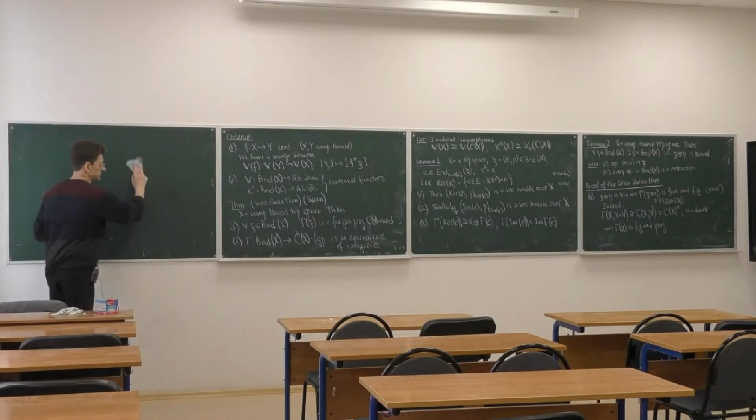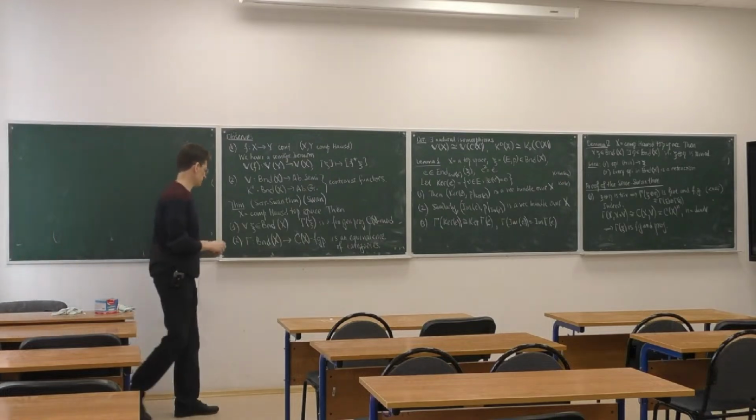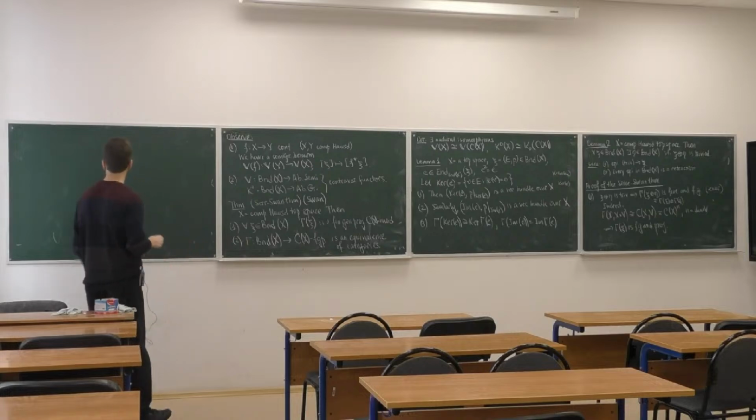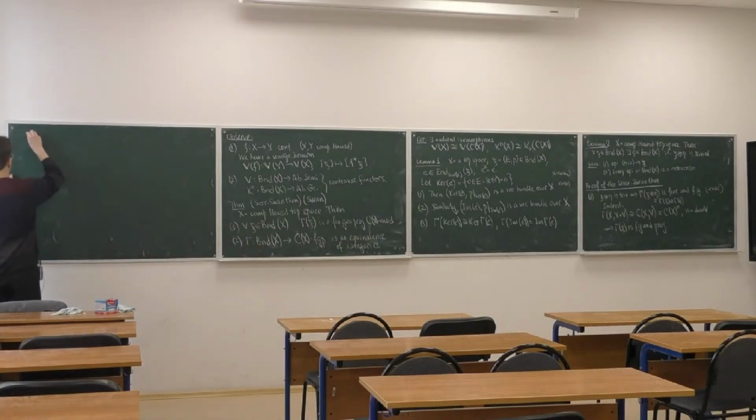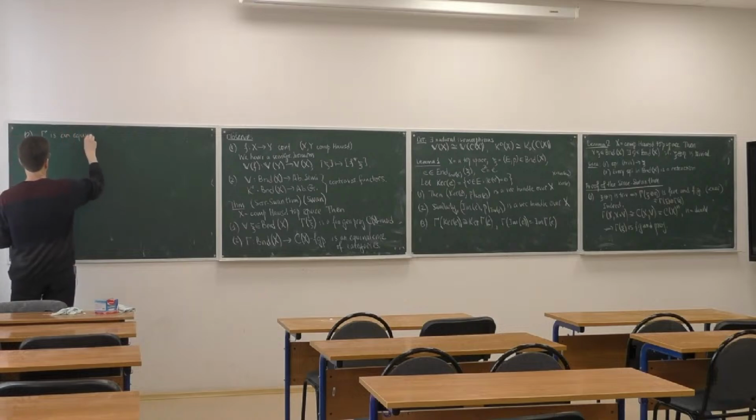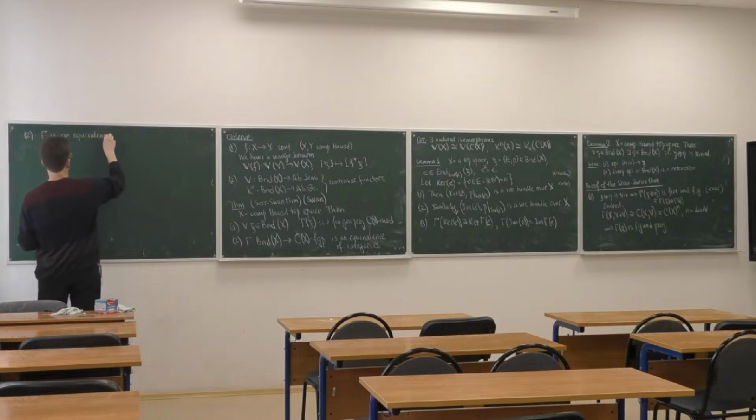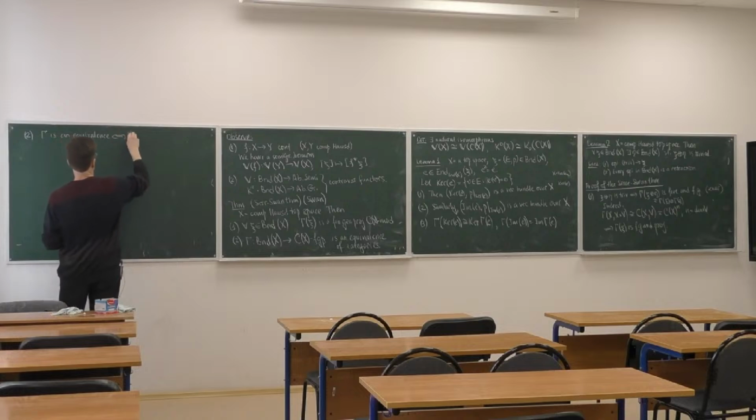Let's now prove part 2. To prove that this functor is an equivalence, we will use a well-known category theoretic fact, which states that a functor, in this setting our functor gamma, is an equivalence if and only if it has the following two properties.